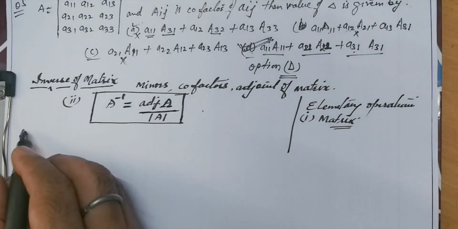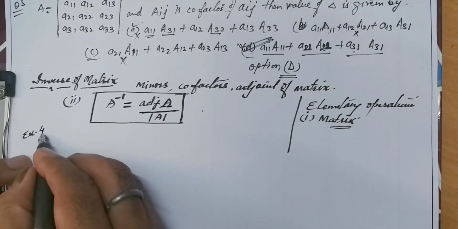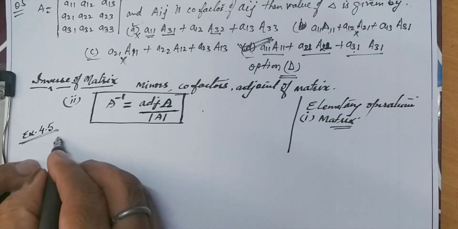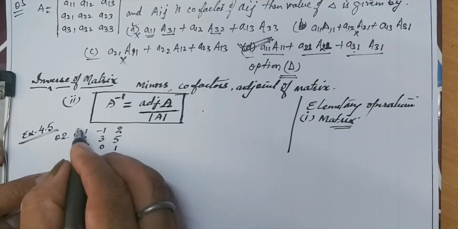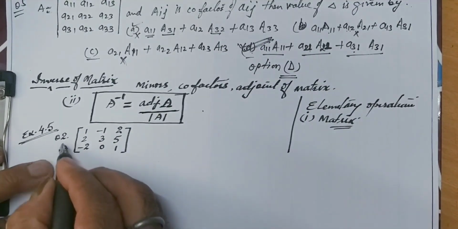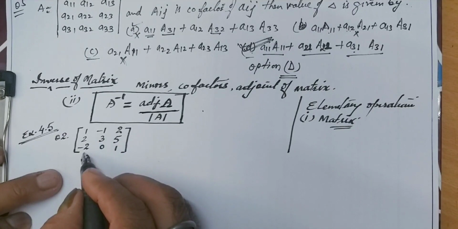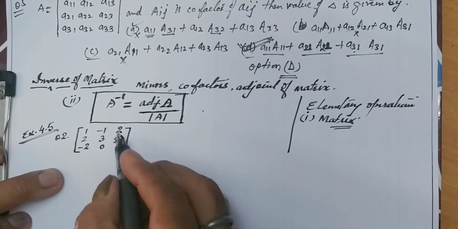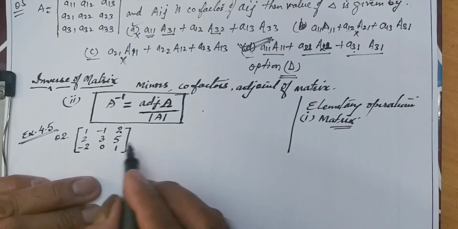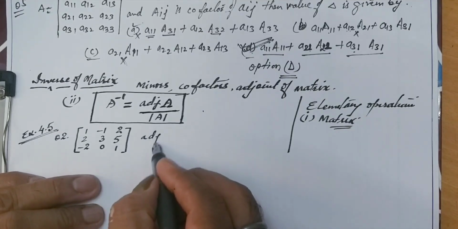We start now exercise 4.5 and the question number 2. This matrix is given. Question number 2, the matrix 1 2 minus 2, minus 1 3 0, 2 5 minus 1. The question is, find the adjoint of this matrix.